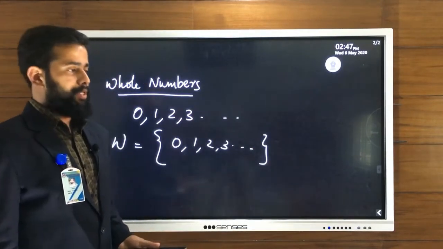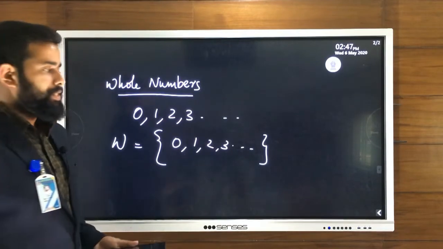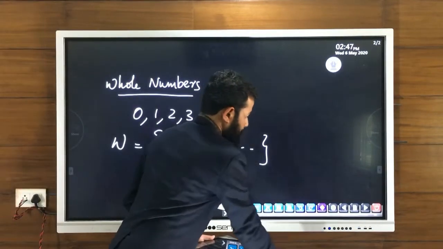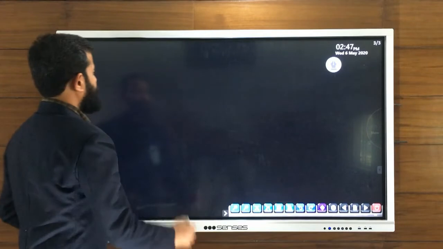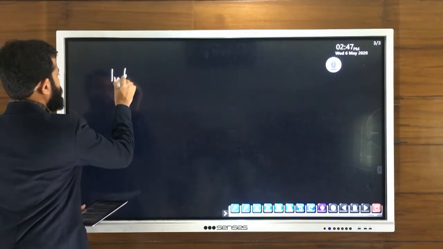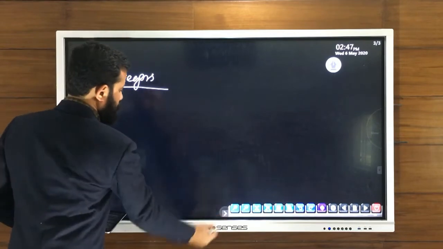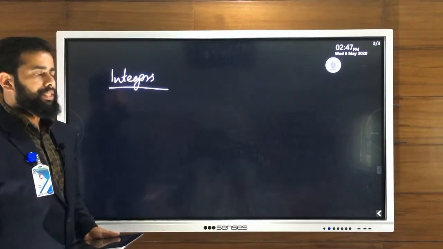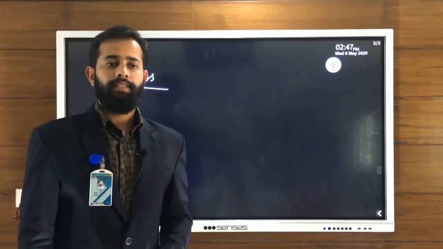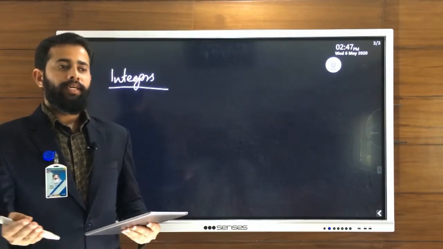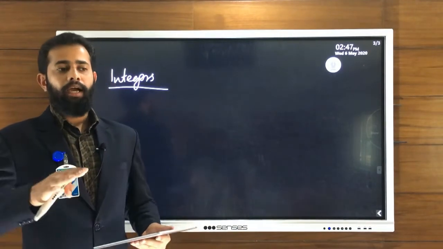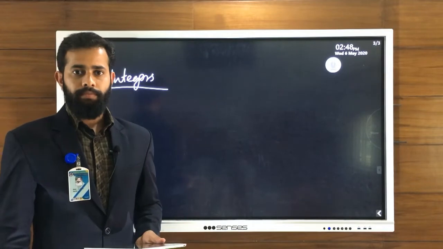Next set of numbers is integers. Integers we can define like this: it is all the negative whole numbers and the positive whole numbers.